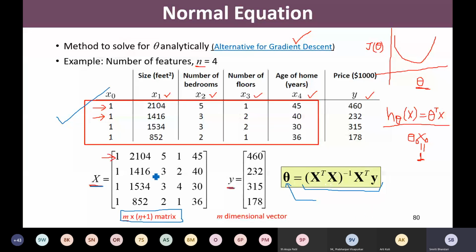Simply I can compute this matrix X, I can compute this vector Y, I will put those in this expression, and just by using simple matrix operations, it is possible for me to come up with my theta values, my parameters for the hypothesis.